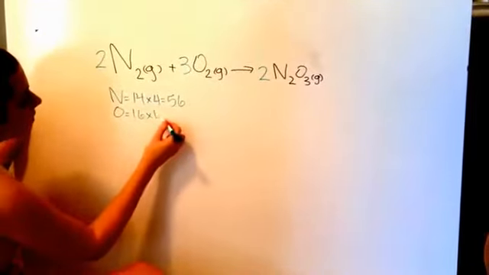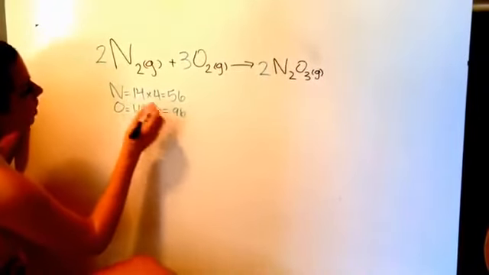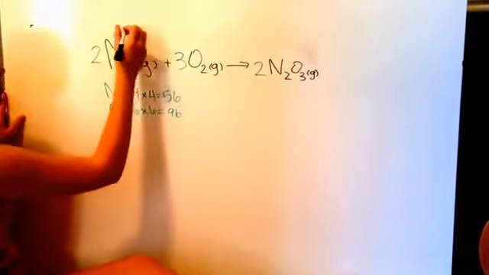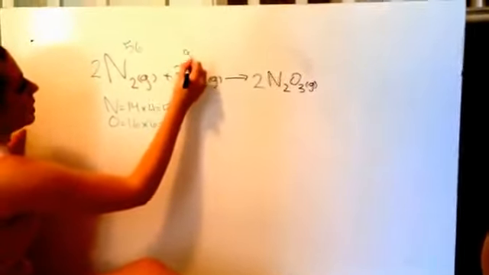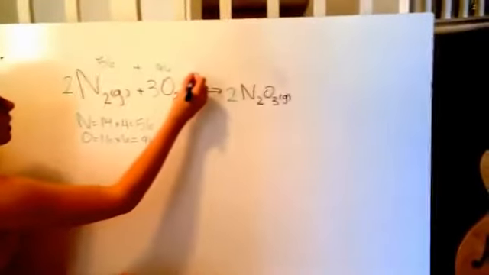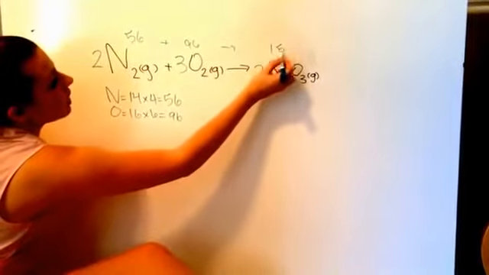And there's 6 of them, so multiply by 6, and then you get 96. So each of these, this is the atomic weight of it, 56 and 96. And that is equal to 152.